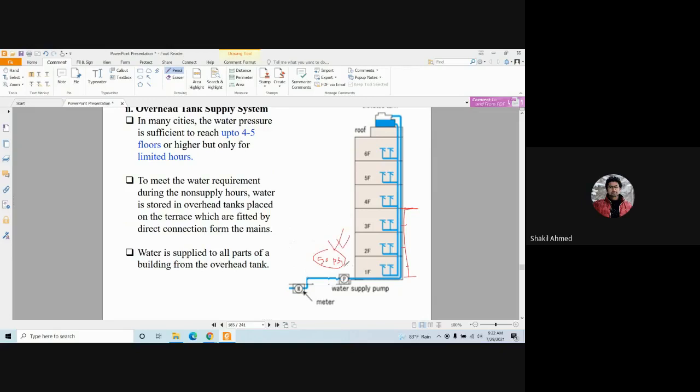How to increase the pressure? You use a pump, increase the pressure to 70 or 80 maybe. Then you'll be able to, clear guys?